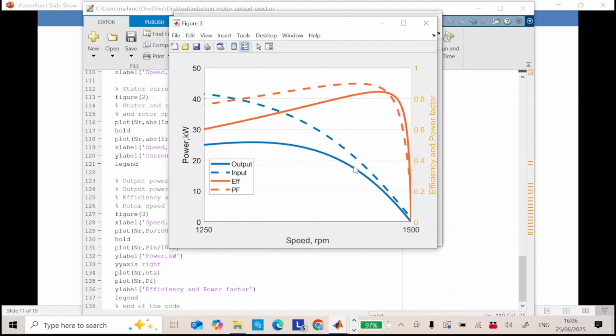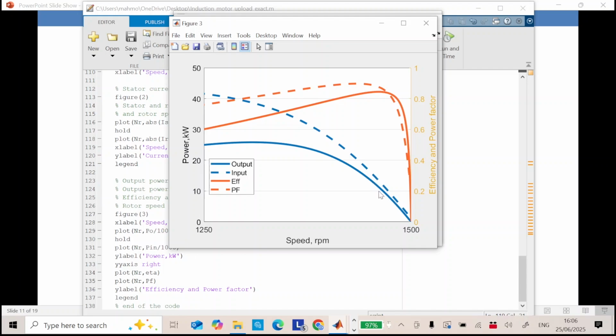If I move forward, I can have another speed, 1436. Assume I want the results at slip 2.5%, which is 1462.5 RPM. So I'm going to move until I find this value.